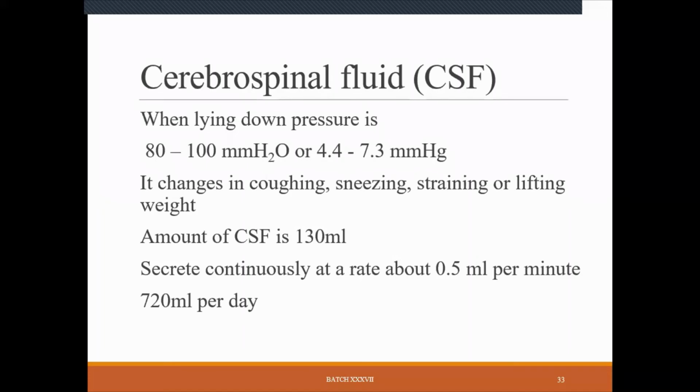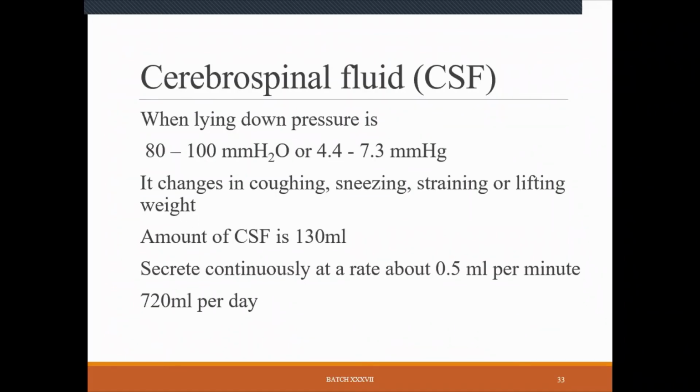Blood pressure is 80 to 120 millimeters of mercury, systolic and diastolic. Here it is not like that, but it will be between 4.4 to 7.3 millimeters of mercury.